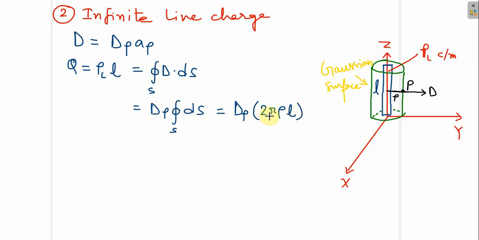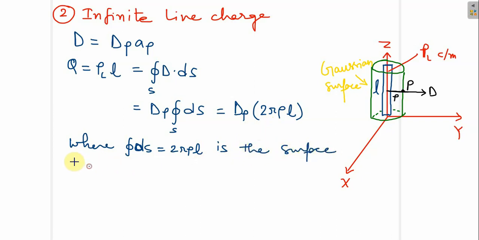So 2 pi rho into L, where this small ds equal to 2 pi rho L, whatever I have written here, is the surface area of this Gaussian surface.